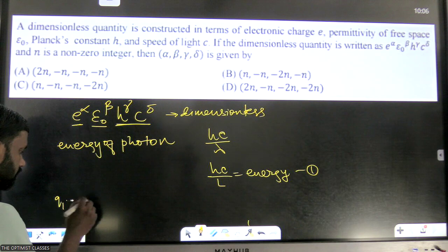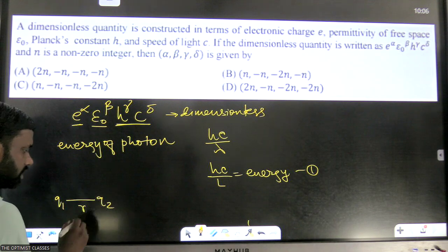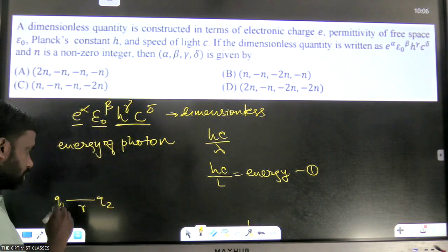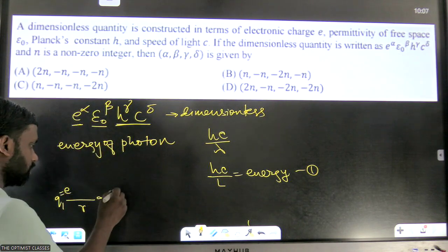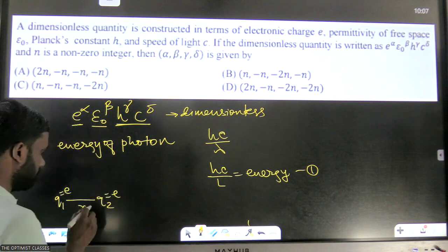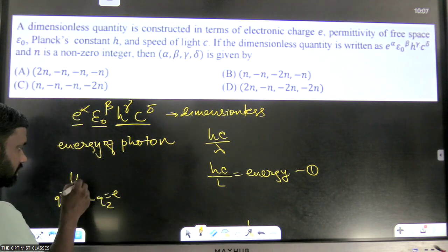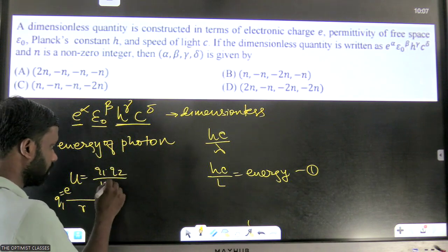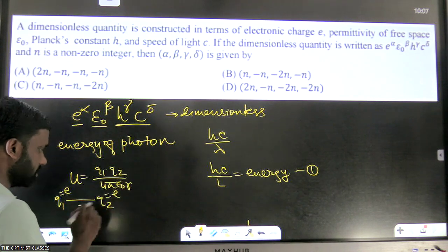Now, energy of two charges. Suppose there are two charges at separation r. Suppose Q1 is e and Q2 is also e. The formula for energy is Q1 multiplied by Q2 divided by 4 pi epsilon naught and r, where r is the separation.